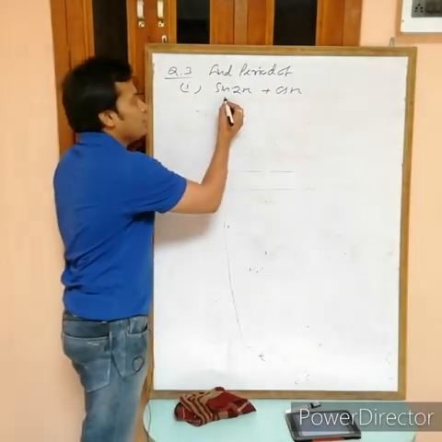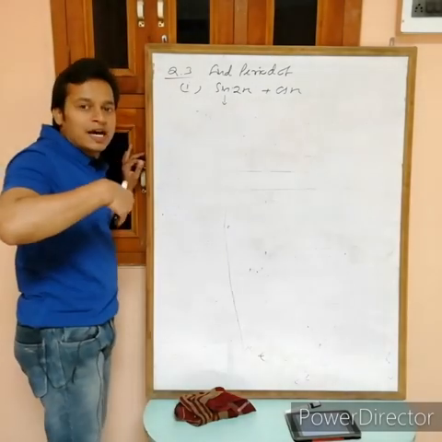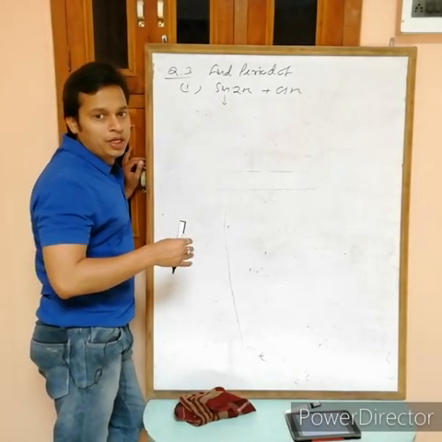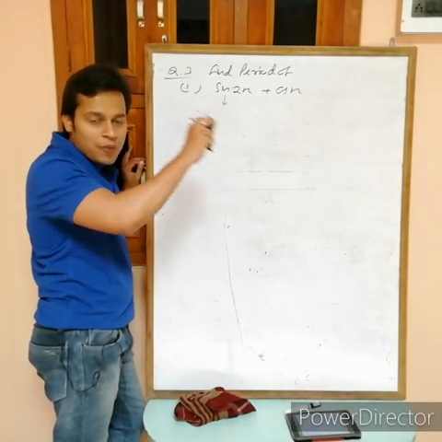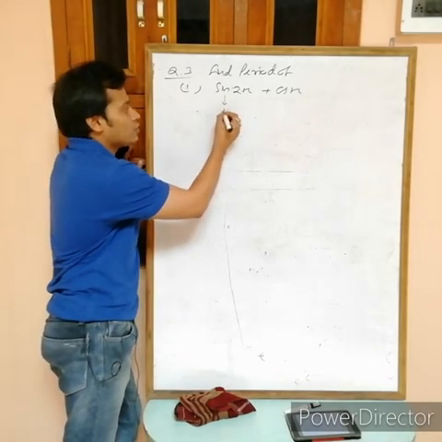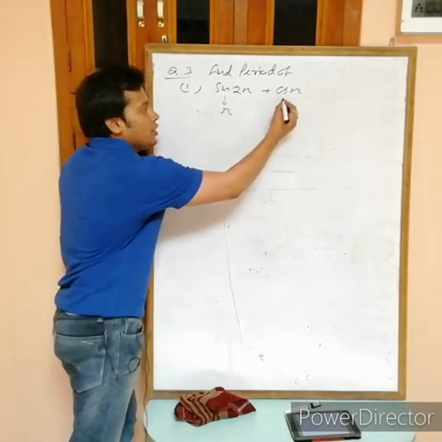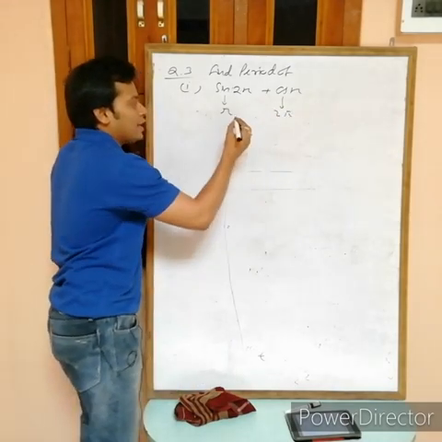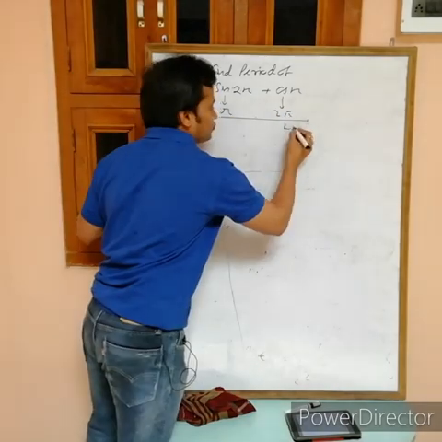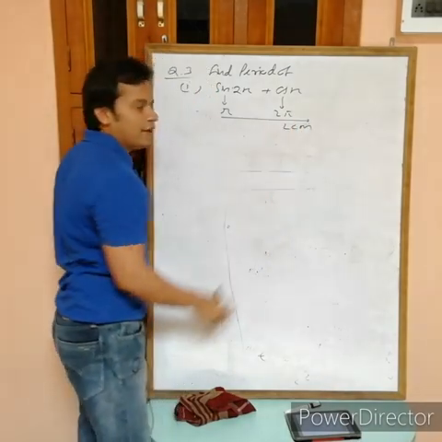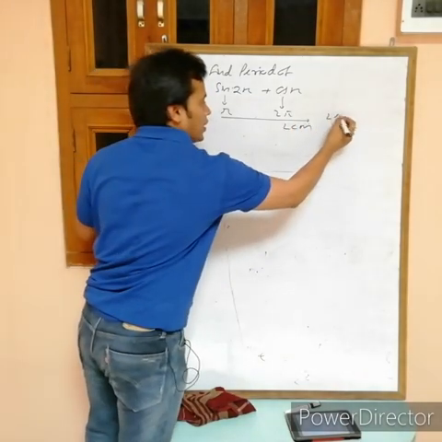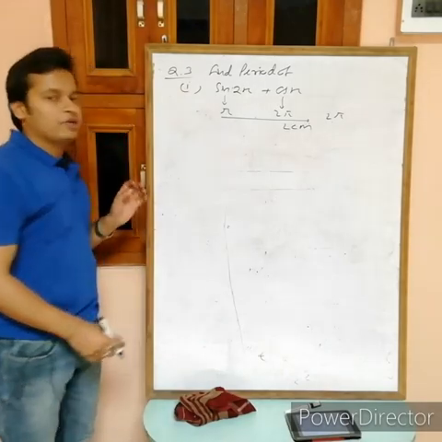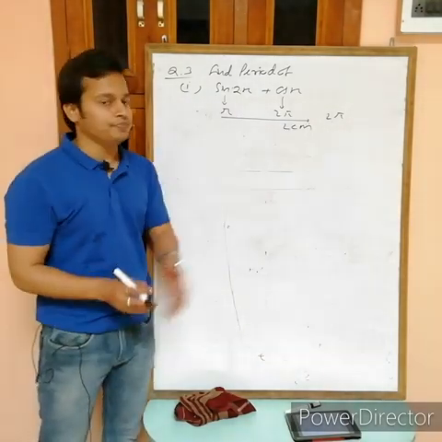So the period of sin x is 2 pi, then the period of sin 2x is 2 pi by 2, so this one is pi. The period of cos x is 2 pi. Now take the LCM. LCM of pi and 2 pi is equal to 2 pi.